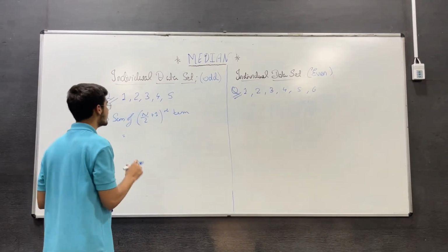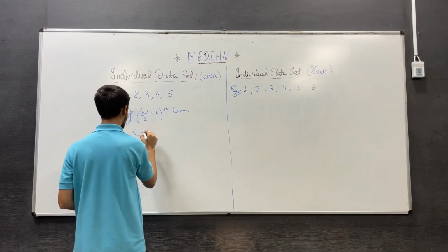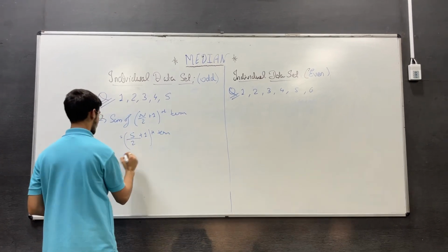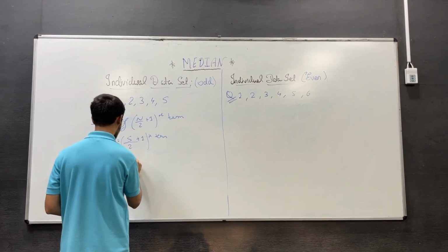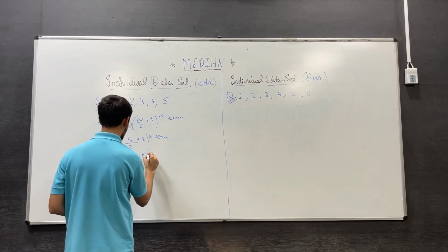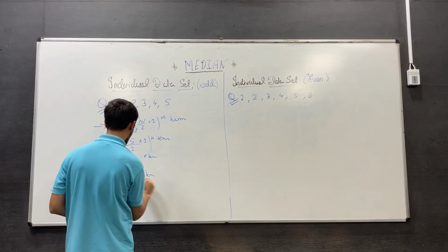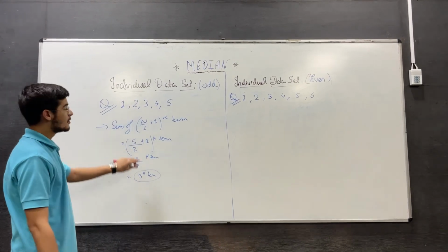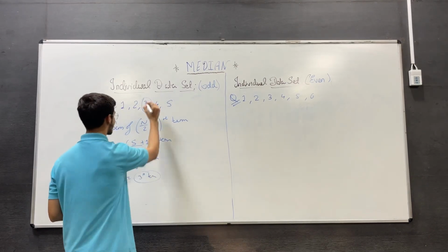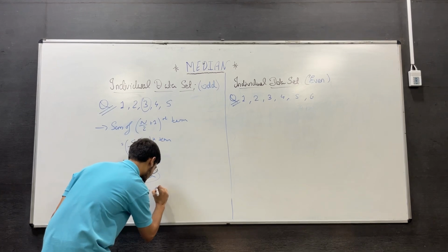So it means 5 plus 1 by 2, that is 6 by 2 term, which is the third term. We check in the data which is the third term. Here the third term is 3. So we can say that 3 is our median.